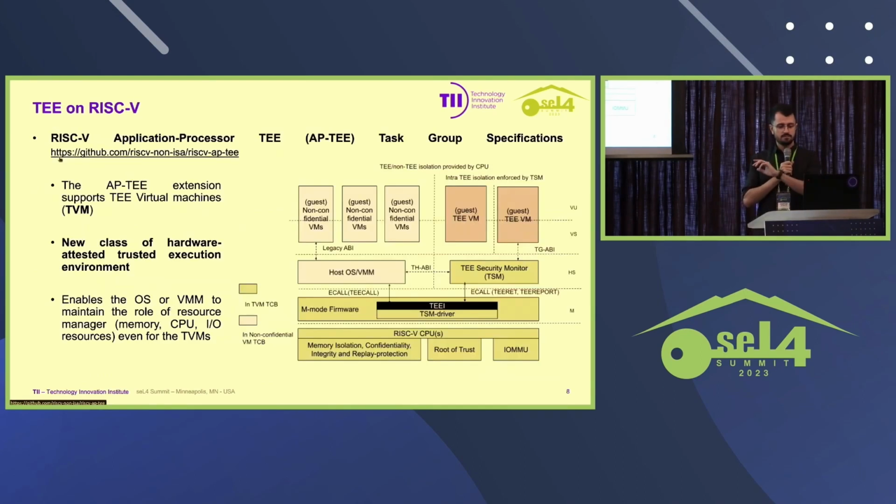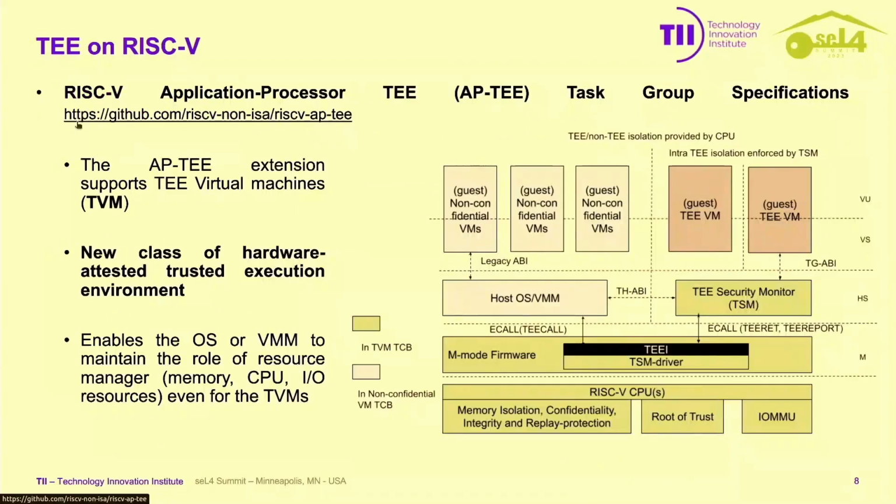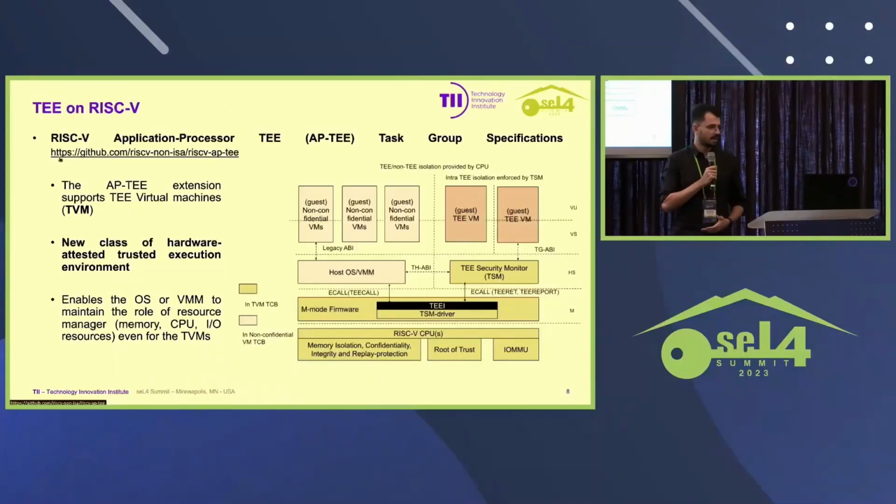Okay, so before I jump to our solution, I just want to present to you this view. This is actually the test group discussions, the APTE, or the Application Processor TE test group specifications. This is under the RISC-V community. There has been a lot of discussion on this topic. There is the SIG for confidential computing in the RISC-V community.